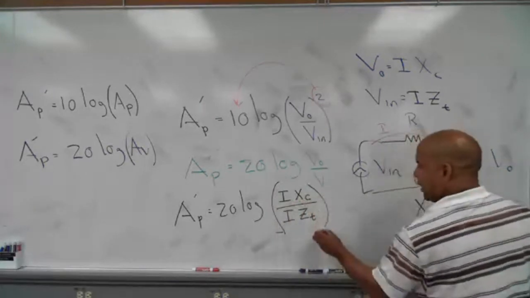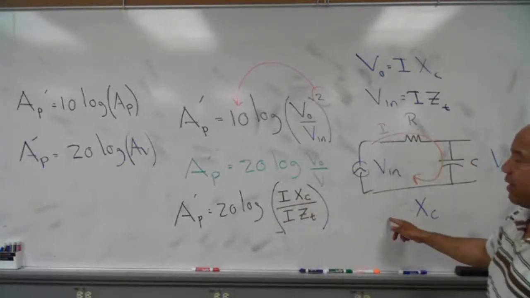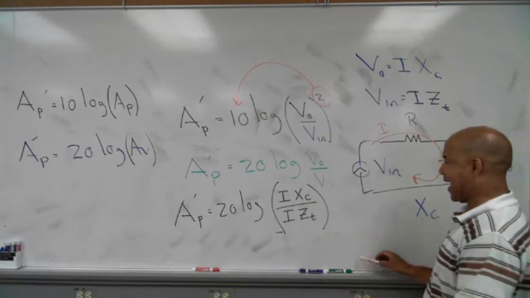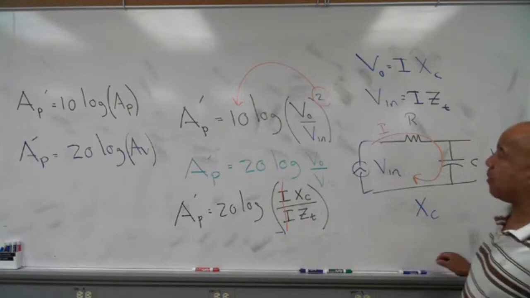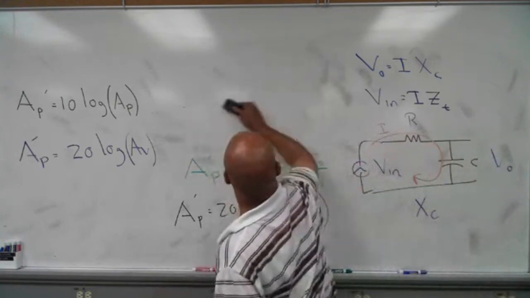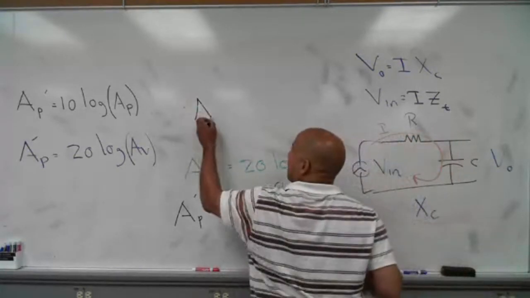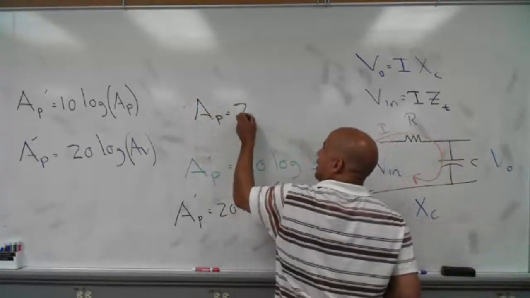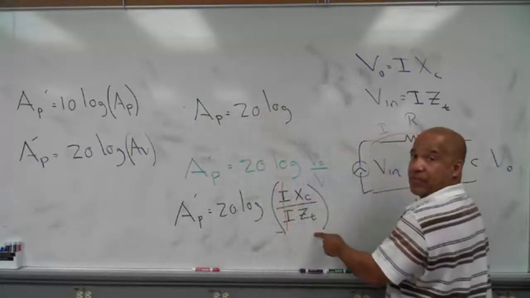Since I have the common current through ZT and through XC, these I's are going to cancel out. And so what I end up with is another formula. Look at this one. This is nice. I end up with another way to get the power gain: it's equal to 20 log XC over ZT.